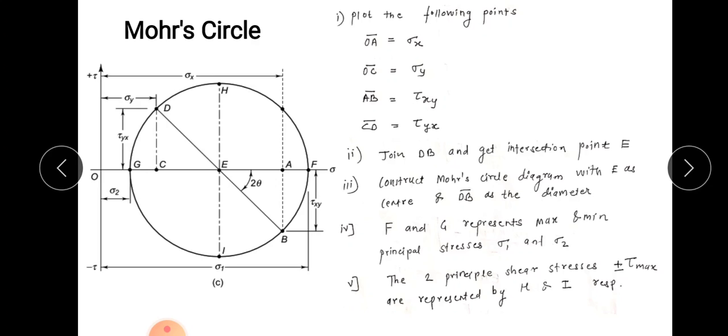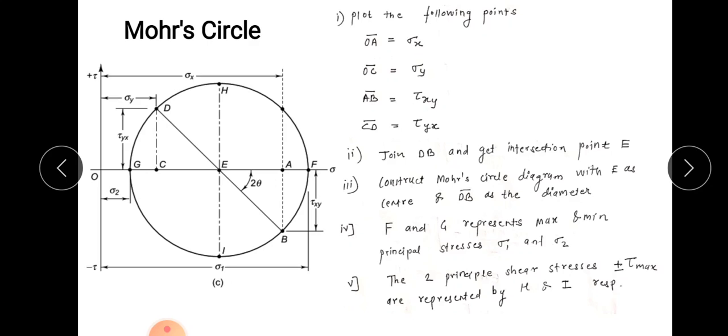Above the horizontal axis it is positive, and below the horizontal axis it is negative, it is minus tau max. So in this way, with the help of the Mohr circle diagram, you can find the maximum principal stress and minimum principal stress along with the principal shear stress or maximum shear stress, that is nothing but tau max.